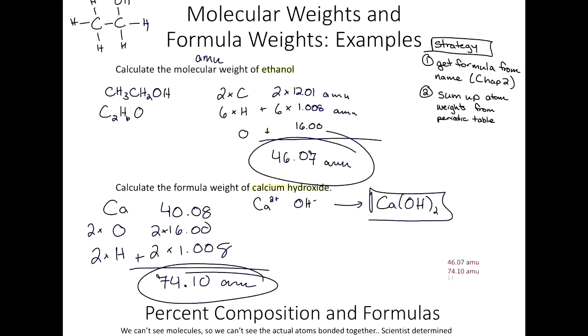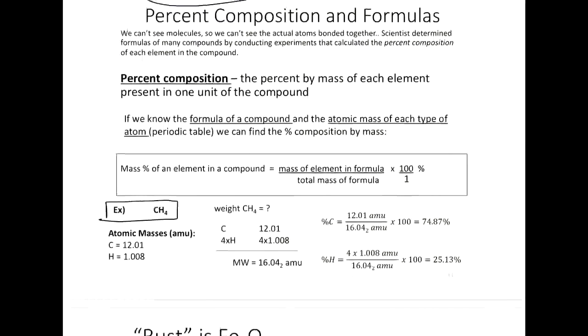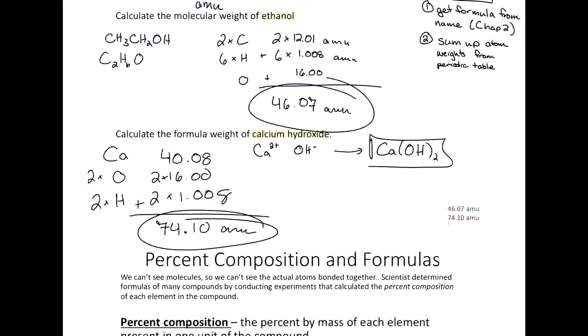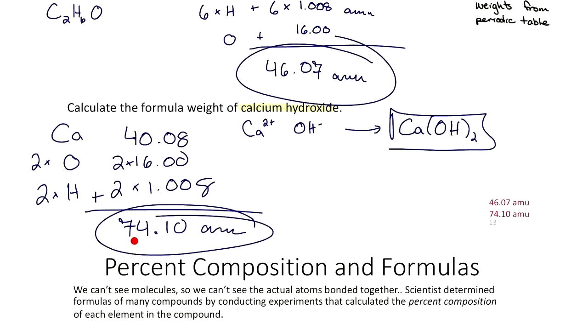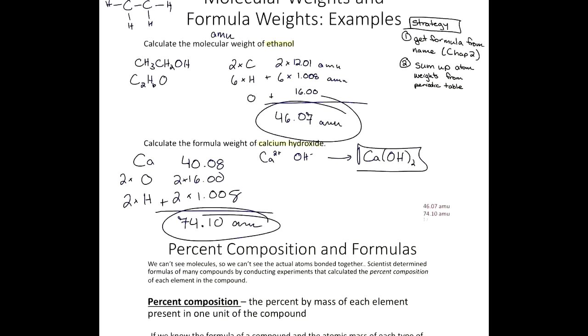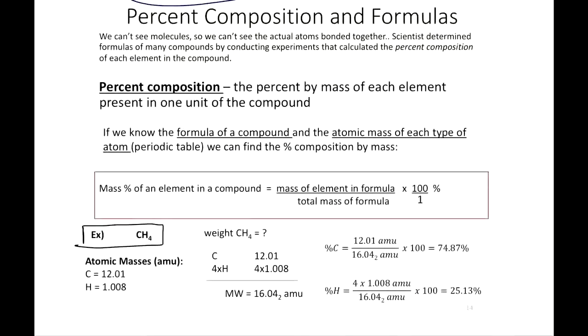Okay, so what else can we do with molecular weights? All right, so we see here that from calcium hydroxide, that whole formula unit weighs 74 AMU. Where's most of that mass coming from? Which atom? Calcium, yeah, it's the heaviest. So oftentimes how we talk about composition of substances, we look at percent composition of substances.